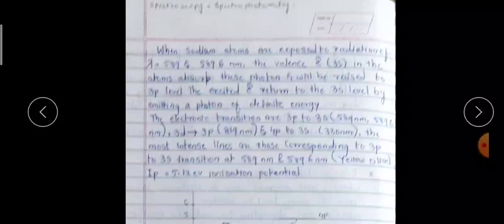The electronic transitions are 3p to 3s, 3d to 3p, and 4p to 3s. These different wavelengths are given. The most intense lines are those corresponding to the 3p to 3s transition at 589 and 589.6 nanometer. These are the yellow D lines, and the ionization potential is given as 5.12 electron volt.